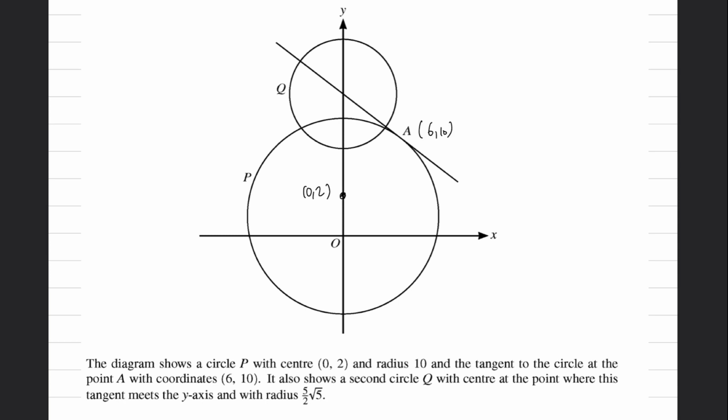This is a tangent to the circle P. It also shows a second circle Q with center at the point where this tangent meets the y-axis, and this will be the center of our Q. And the radius is 5/2 square root of 5. So the question is, write down the equation of circle P.